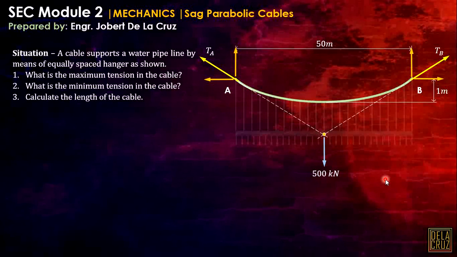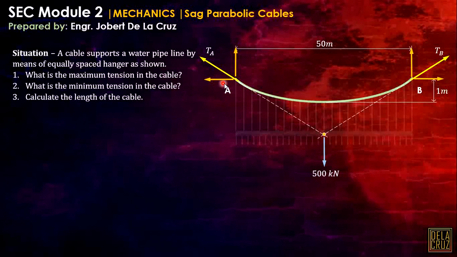Now take note of another important principle of parabolic cables: if we draw tangent lines at any two points of the parabola, they will always meet halfway within their horizontal distances.